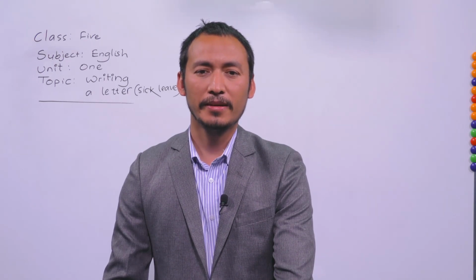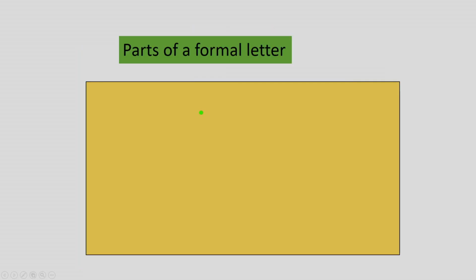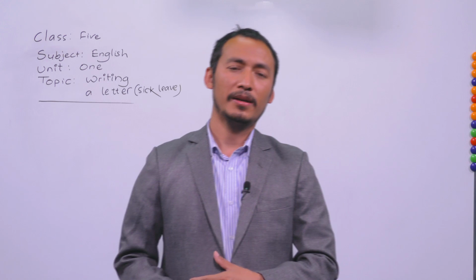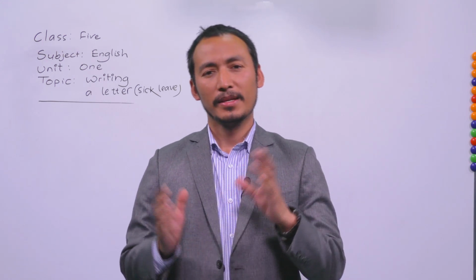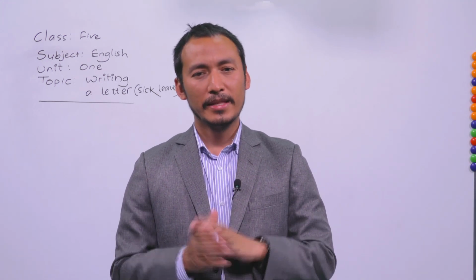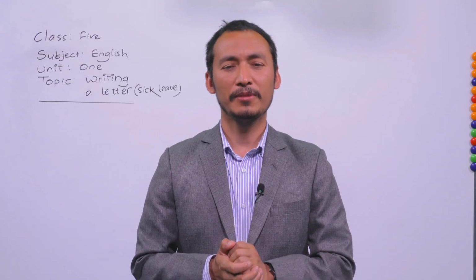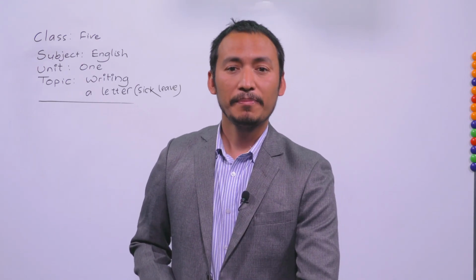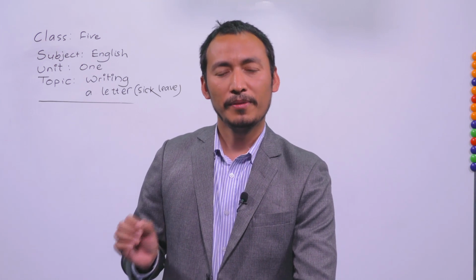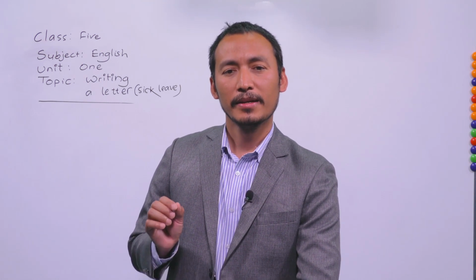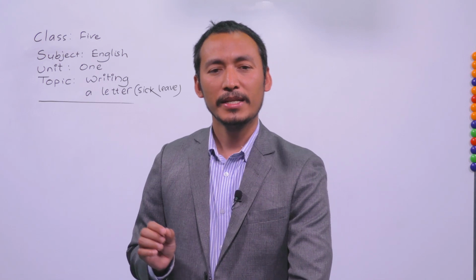Let's see the parts of a formal letter. Earlier we talked about two types of letter. They have certain differences, so let's see the parts of a formal letter. In a formal letter, we have to be careful about writing certain things.